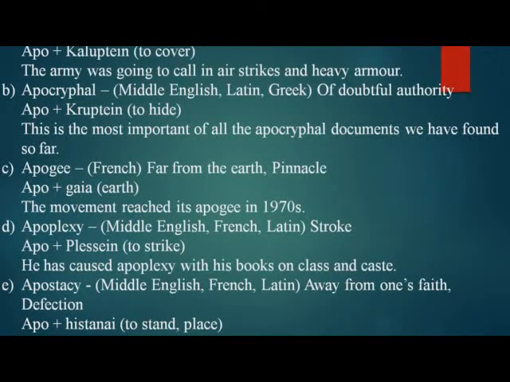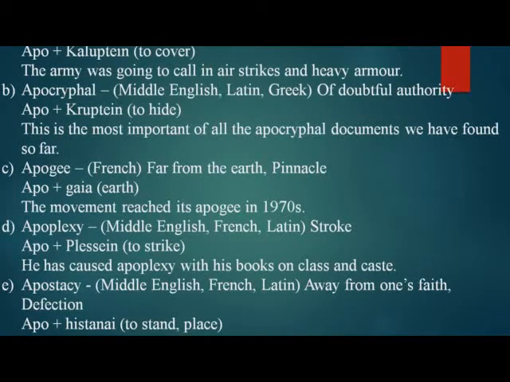And then apocryphal, which has Middle English, Latin, Greek origin. It means of doubtful authority, and the division or the splitting is apo and cryptine, which means to hide. So the word exactly is of doubtful authority.